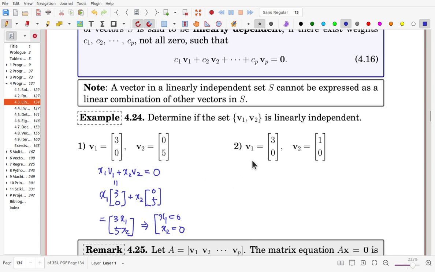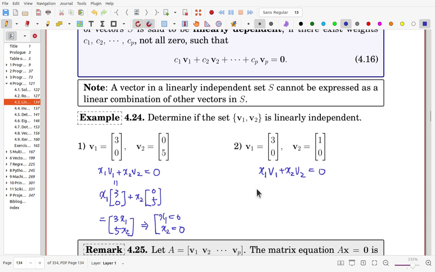So they are linearly independent. The same you can prove here, but this one is linearly dependent. Again, same way, using the definition, x1 v1 plus x2 v2 equals 0.